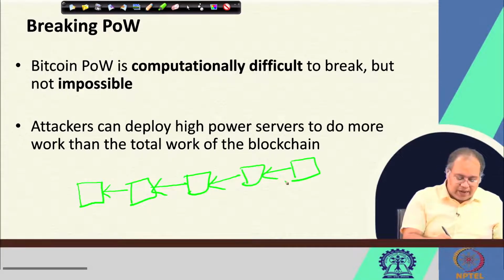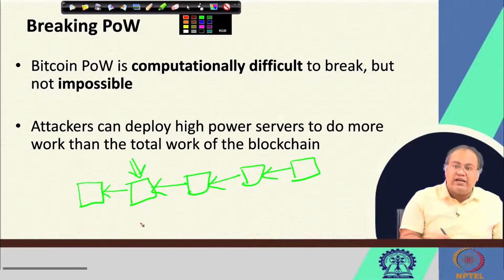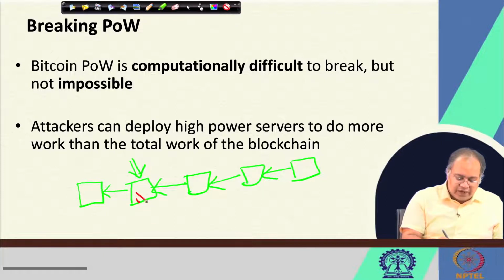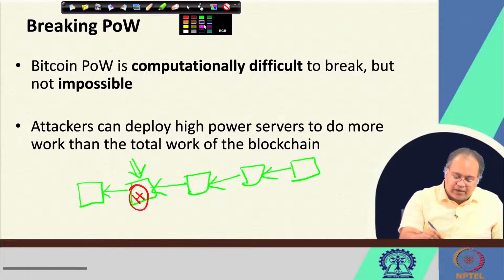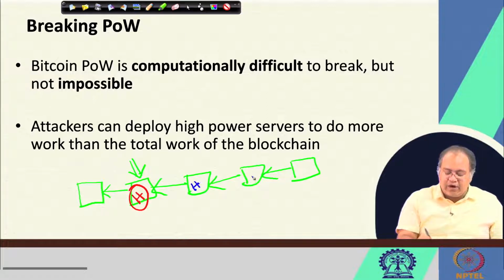Now, if you want to attack this particular block, you need to change the hash value of this block. The next block contains the hash of the previous block, so if you change the hash of this one, then you need to make a change here, and if you make changes here, you need to make changes here, and so on.